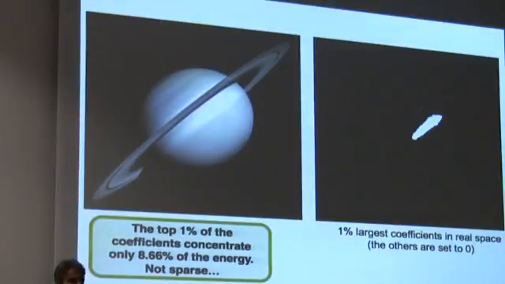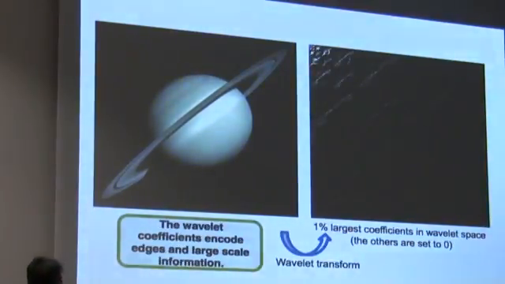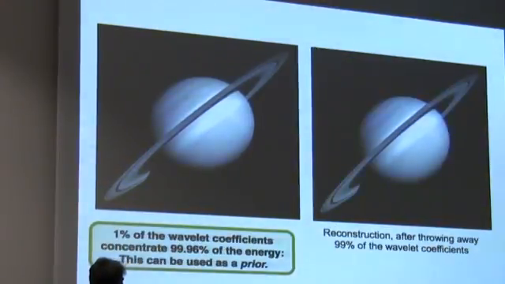Now you do the same in another domain. You go into the wavelet space, and again you take only 1% of the coefficients. You set all the others to 0, and you reconstruct the image. This is the image reconstructed from 1% of the coefficients, and now we have 99% of the energy. So you see that with this 1% of the coefficients, you have a rather good approximation of the image.